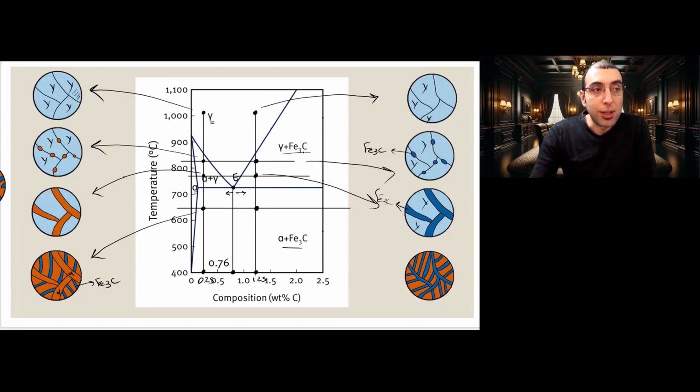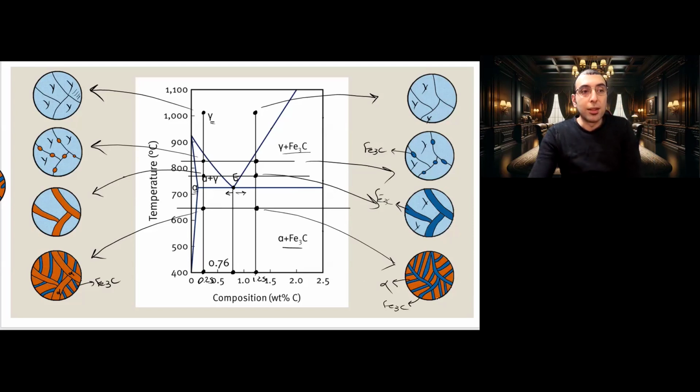So gamma plus cementite should turn into alpha plus cementite. Therefore, at this point, you should get this. The orange is alpha again. The dark blue is cementite. So we got all the possible phase formations and how they could look under the microscope, in terms of phase fractions and how they shape and arrange themselves, for hypoeutectoid and hypereutectoid.